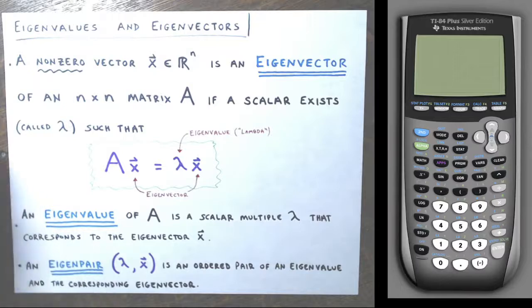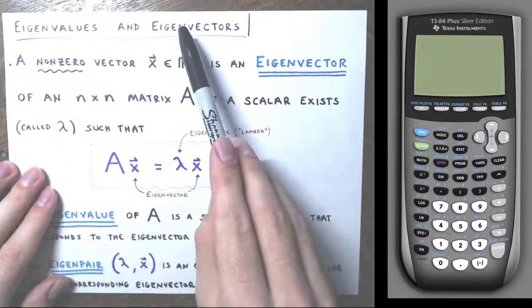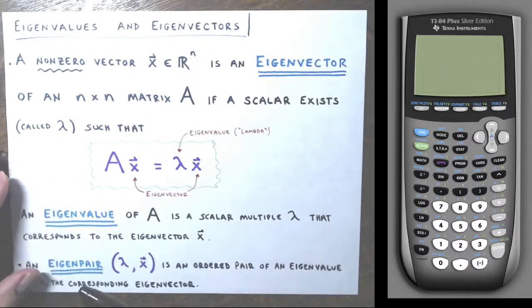So here I'm talking about defining eigenvalues and eigenvectors of matrices.